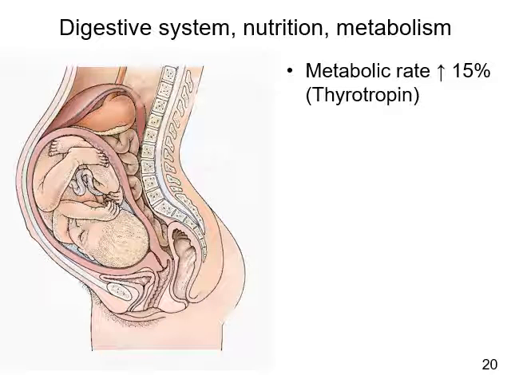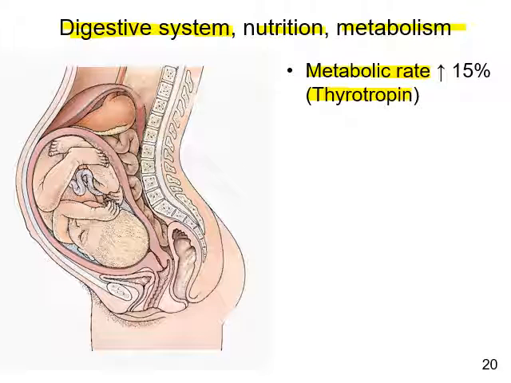So for example, the digestive system is activated during pregnancy, and the metabolic rate of the woman is activated during pregnancy due to thyrotropin, that is to say TSH, and increased thyroid hormone levels, which increase the metabolism of the woman and the increased absorbance of nutrients by the digestive system.